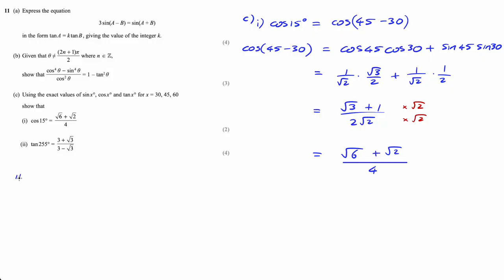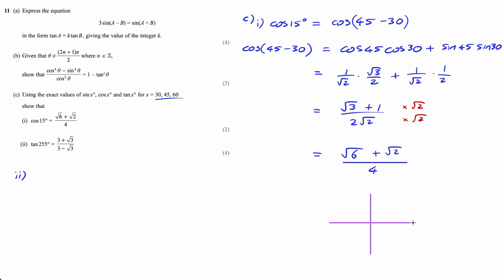Part II. Tan 255. Okay, so this one, guys, is a bit more tricky because it's not really one of these that we're dealing with, but we know from our CAST diagram, our unit circle, where is 255?